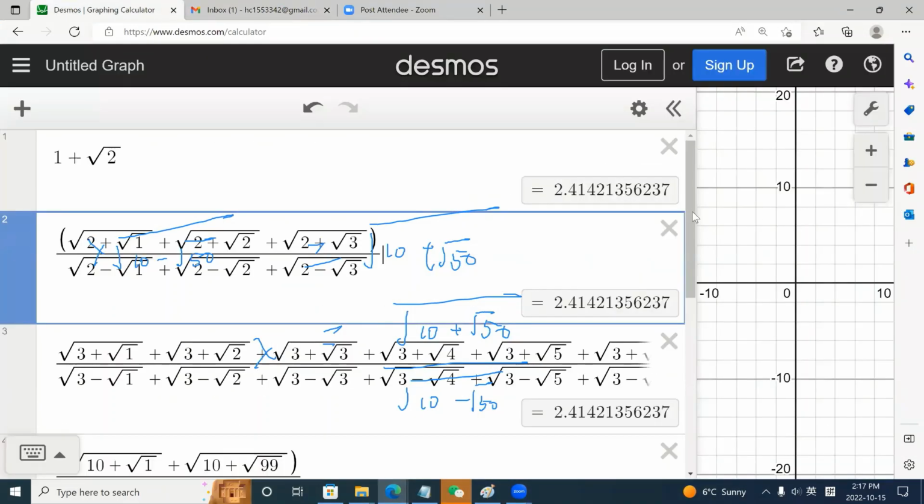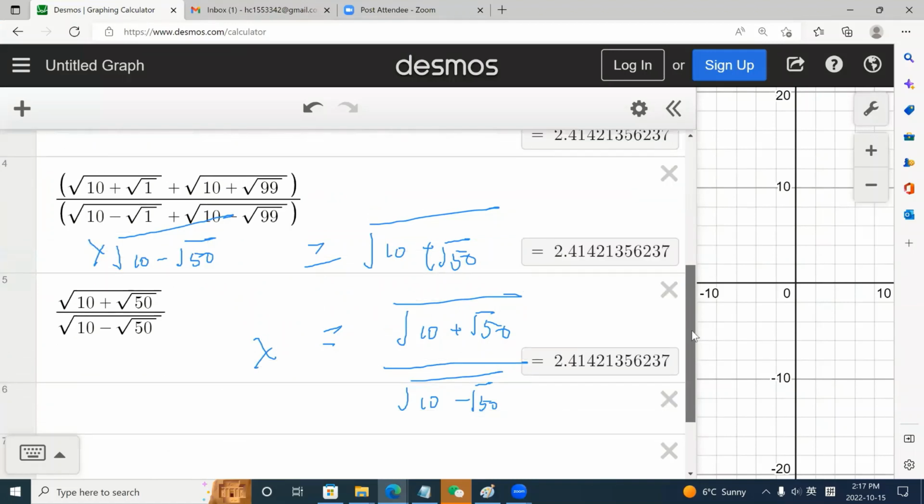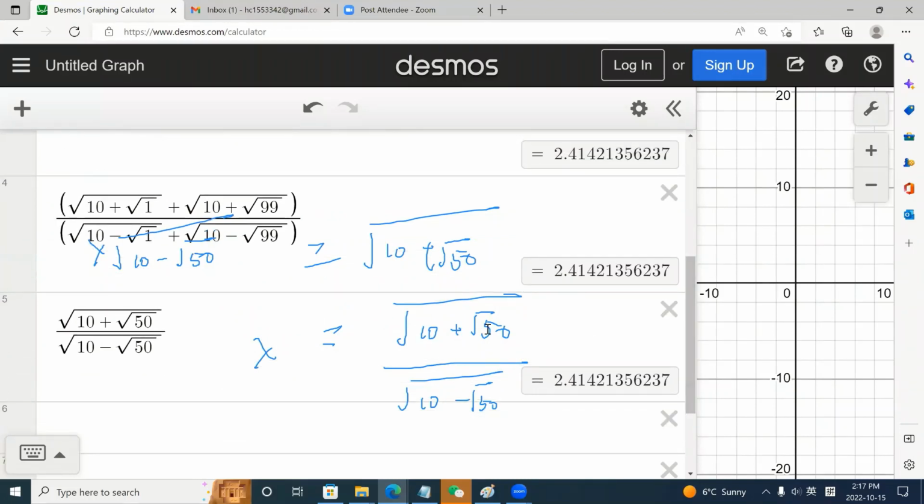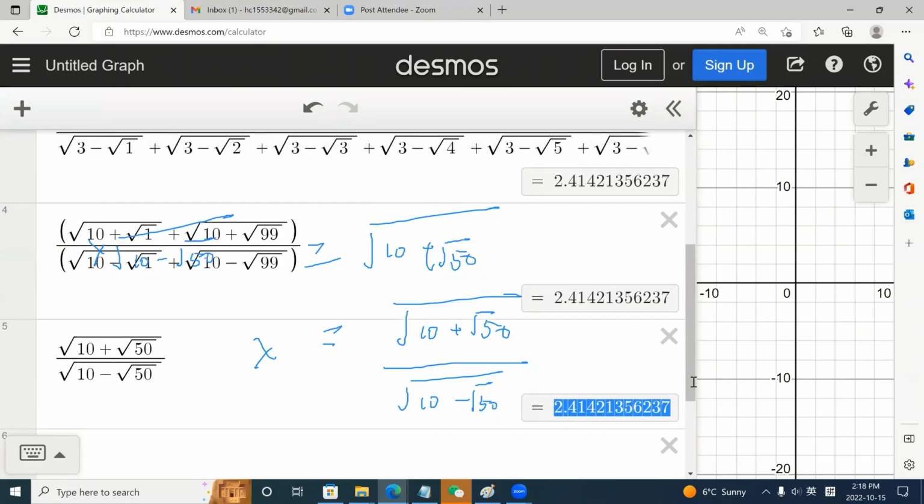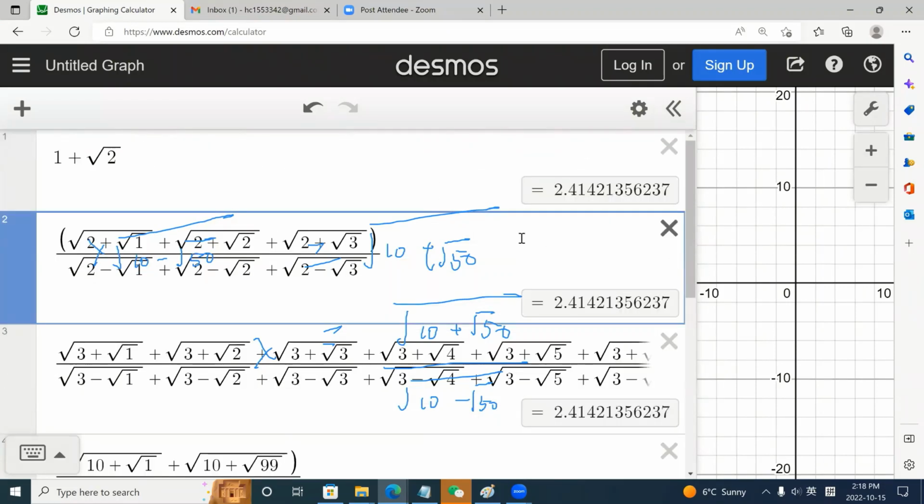Okay, I'll show you. 10 plus the square root of 50 and 10 minus square root of 50 is equal to x, which is equal to this number. And notice, this number is just 1 plus the square root of 2. So that's how you can figure out what x is on your own without putting like a billion numbers into your calculator.